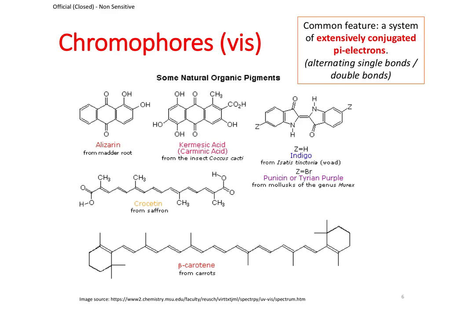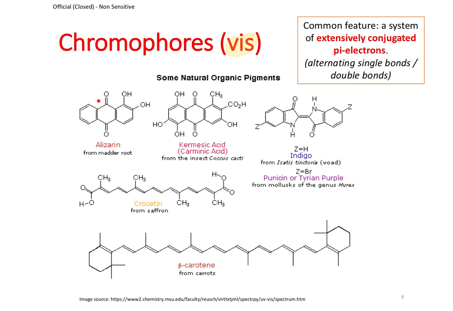Now let's look at some natural organic pigments that absorb light in the visible region. If we look at their chemical structures, you can see that a common feature of all these organic dyes is that they have a system of extensively conjugated pi electrons, meaning they have alternating single bonds and double bonds in their structure.